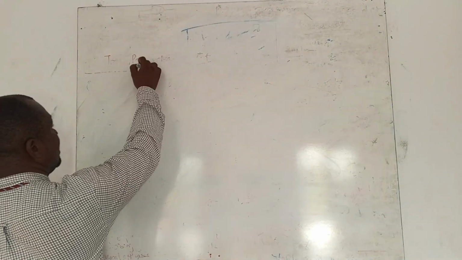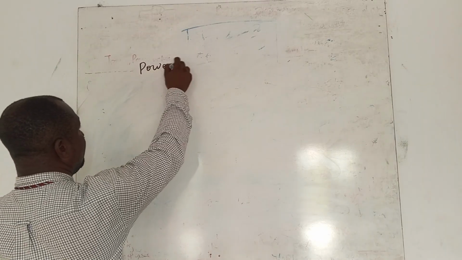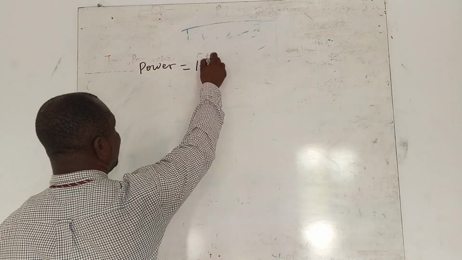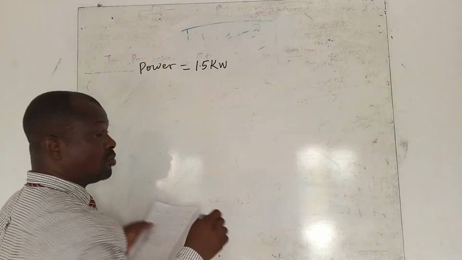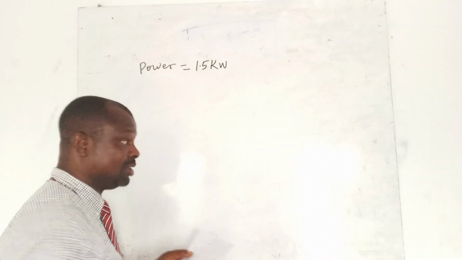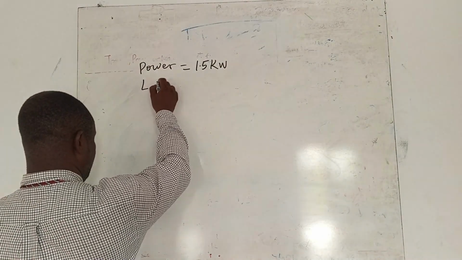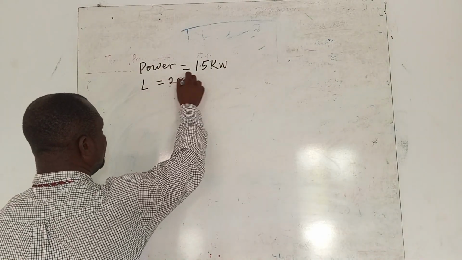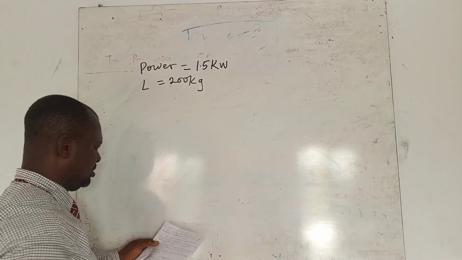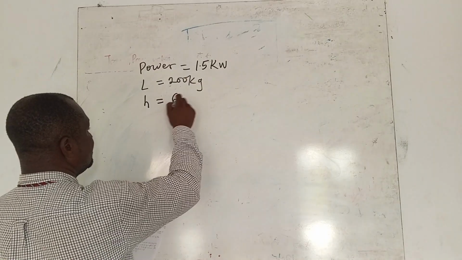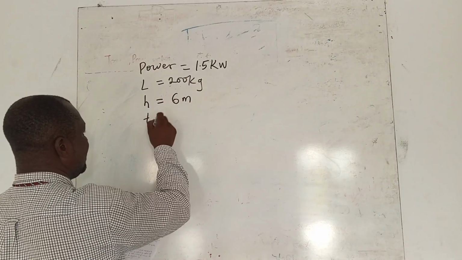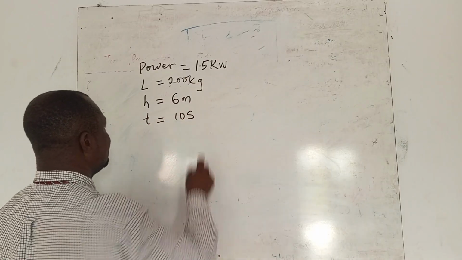The power of the heater is 1.5 kilowatts, to lift water, which is the load. Load is 200 kilograms. The height is 6 meters and the time is 10 seconds.